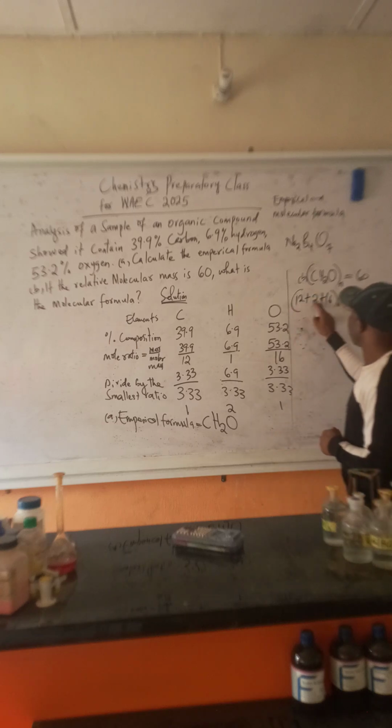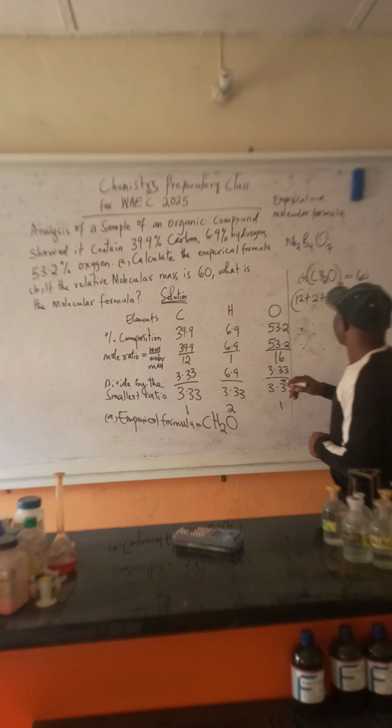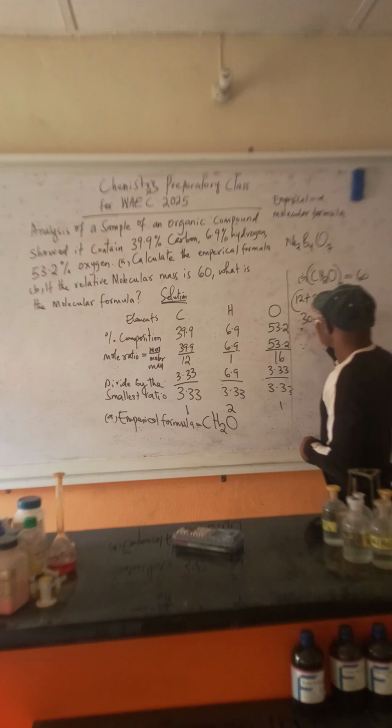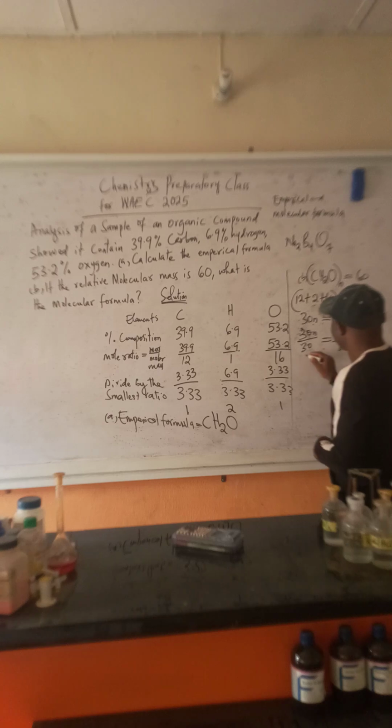Now 12 plus 2 is 14, plus 16 is 30. So 30 times n equals 60. Divide both sides by the coefficient of n, which is 30: 60 over 30 gives us 2. So our n is equal to 2.